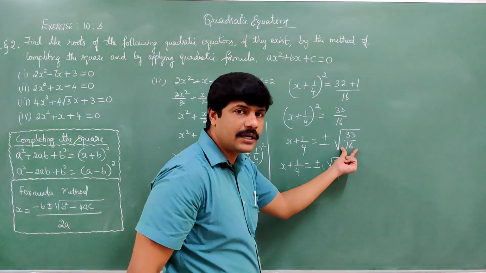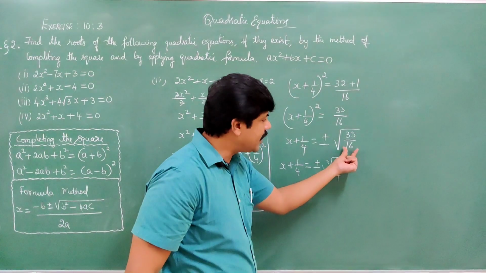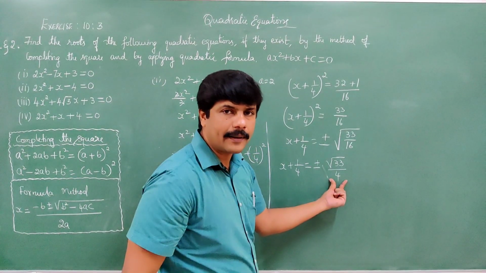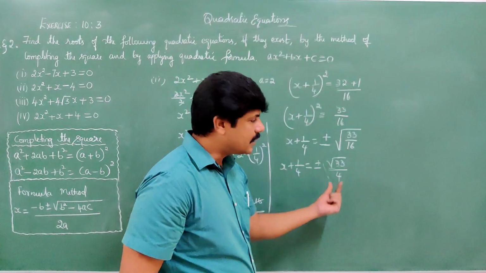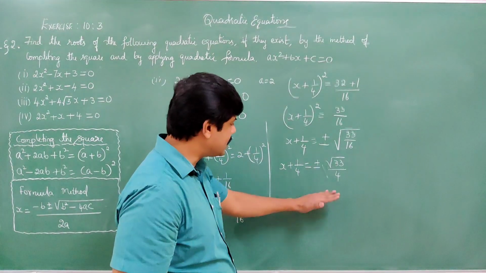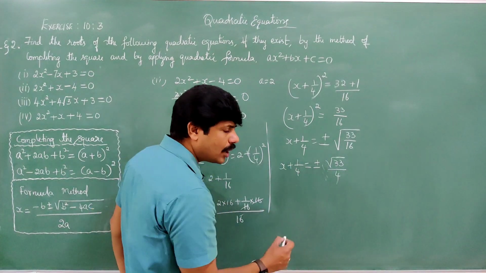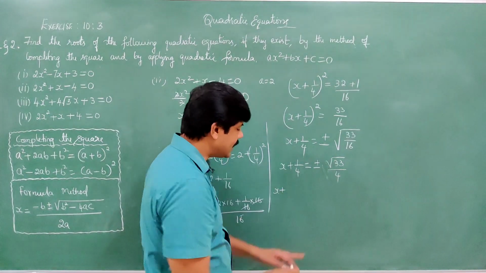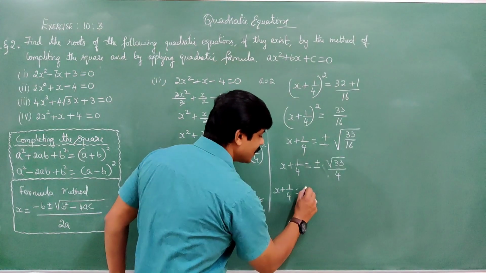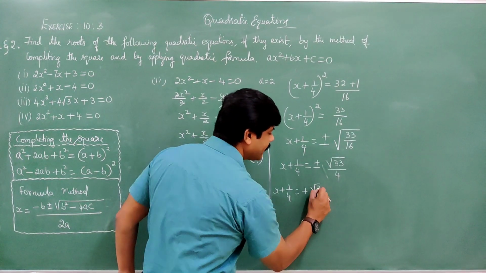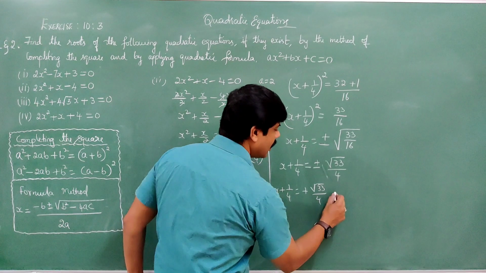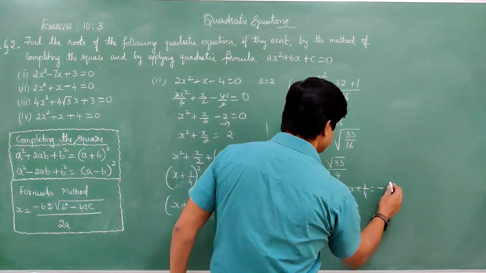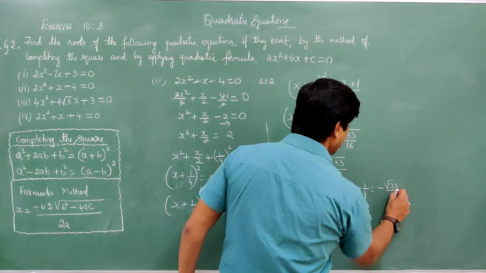The numerator is kept as it is, and since the denominator is a square number, we have removed the root there. Now, x + 1/4 is equal to plus root 33 by 4, and x + 1/4 is equal to minus root 33 by 4.